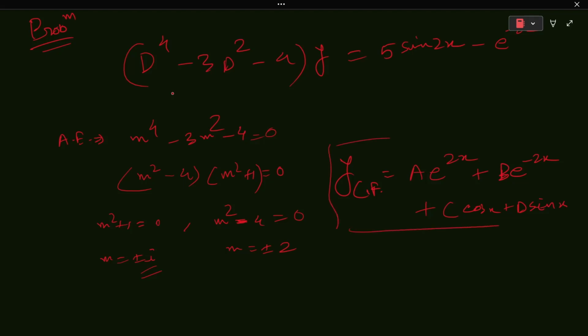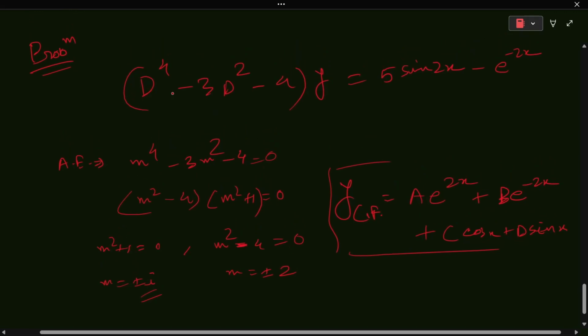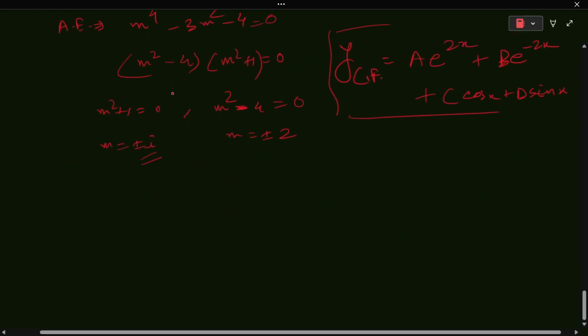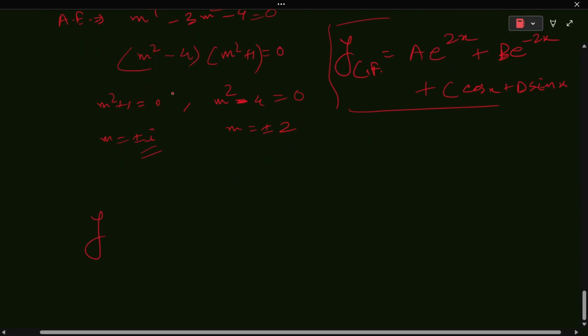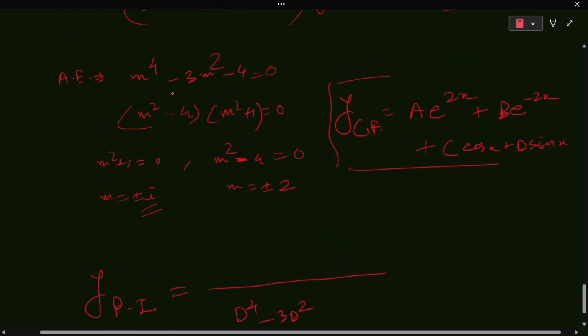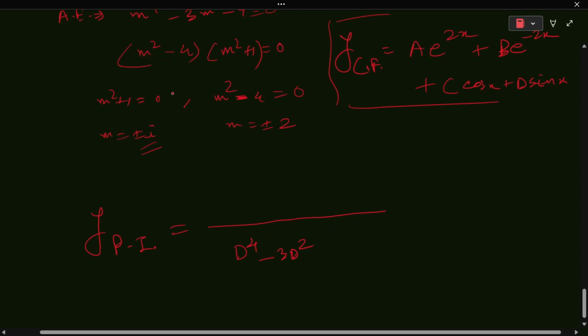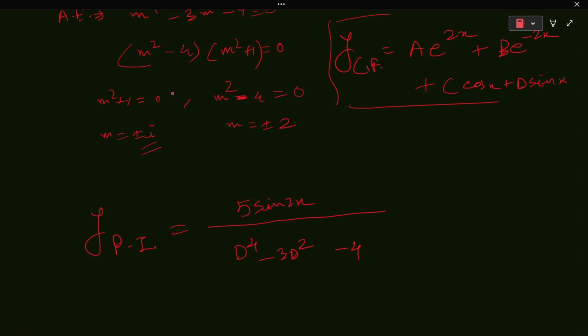Okay, it's quite easy, and I need to find the particular integral part. So let's find it. y is equal to 1 by f of D square, that is D to the power 4 minus 3D square minus 4, and in the numerator we will have 5 sine 2x minus e to the power minus 2x.